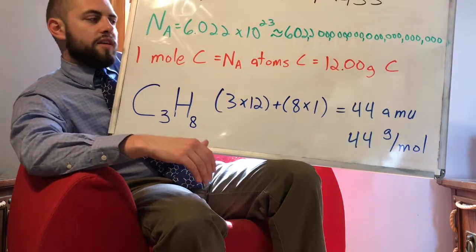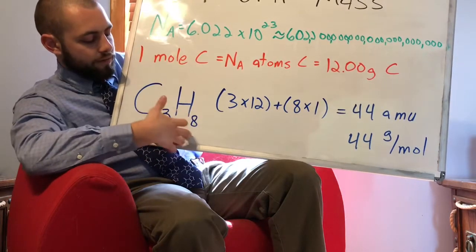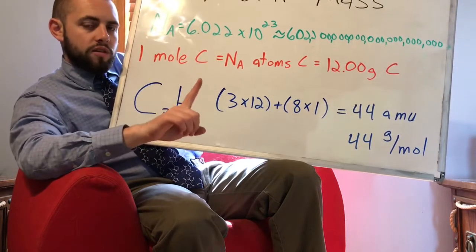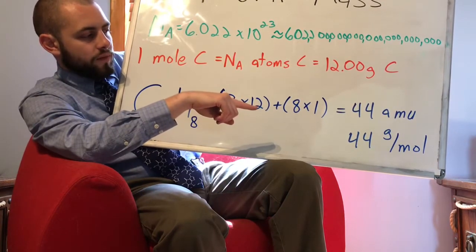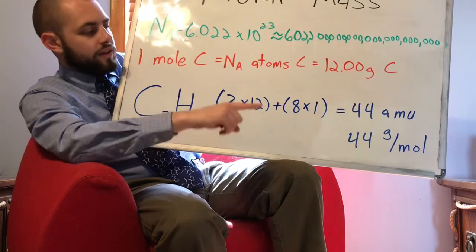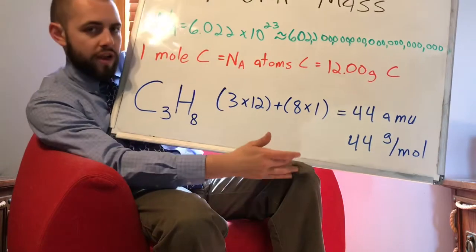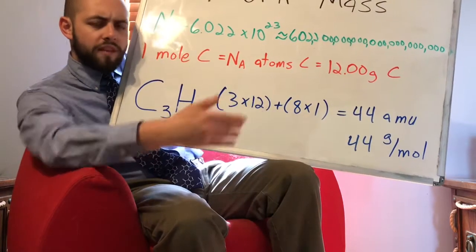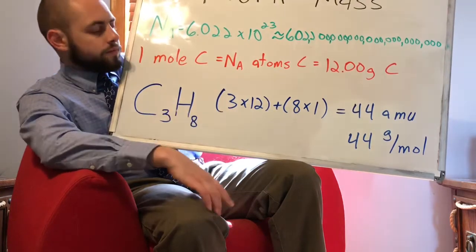That's actually the molecular mass of propane. One molecule of propane is 44 atomic mass units. 1 mole of propane is 44 grams. That's why we can say 44 grams per mole. For every mole, it'll have a mass of 44 grams.